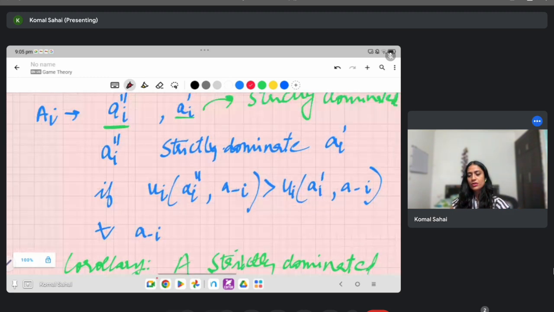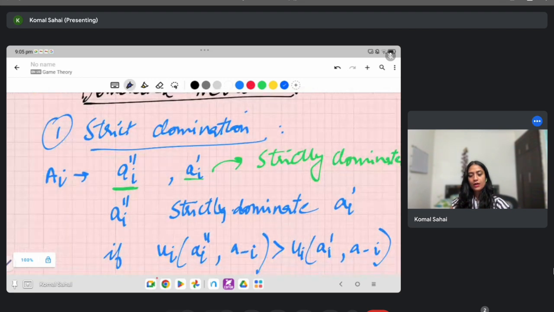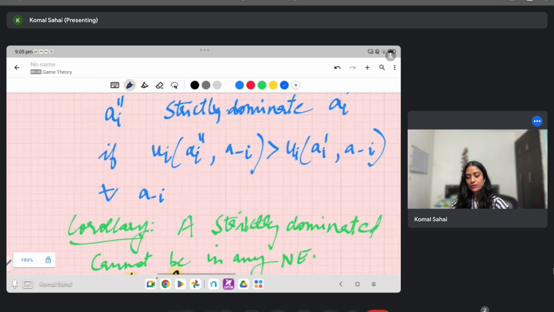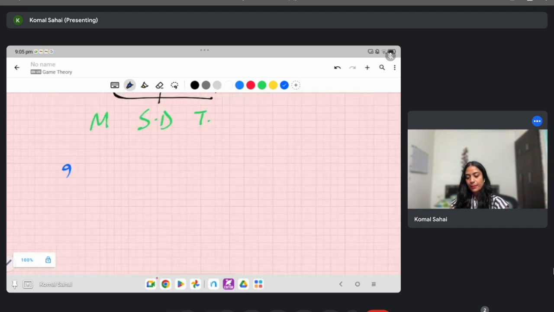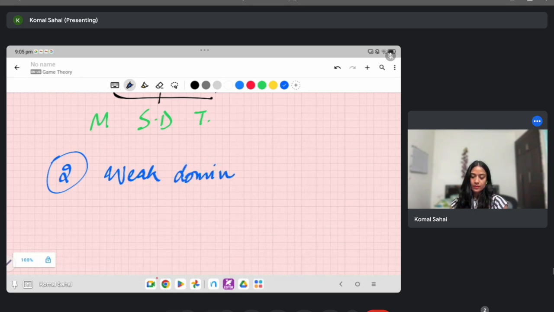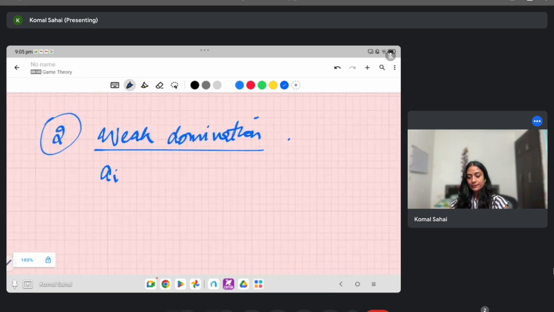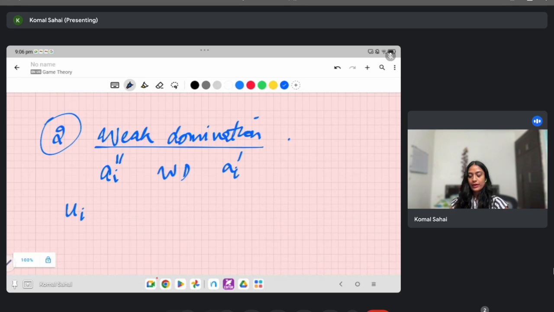So this is just a variant of strict domination where we have that weak domination essentially means, again, you have AI double prime and it weakly dominates AI prime for player I if एक ये तो है that UI from AI double prime comma A minus I is greater than or equal to. यहाँ पे हमारे पास strictly dominated में था strictly greater than.